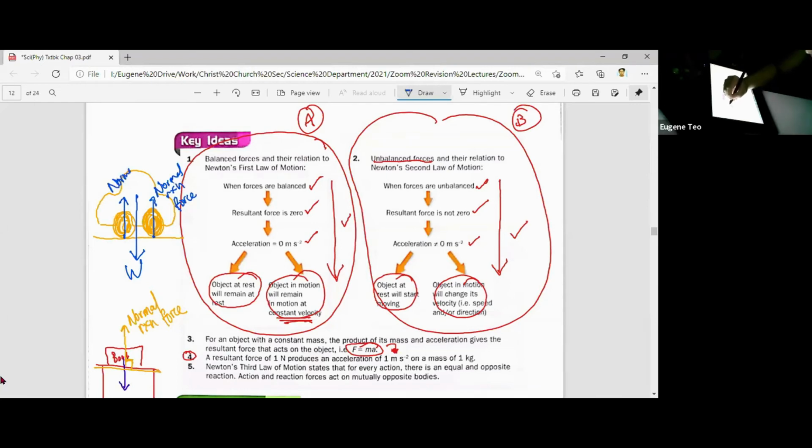These 2 upward forces are actually what we call the normal reaction force. This normal reaction force, do take note, is always perpendicular to the surface. Okay, that's the first thing. And it is a reaction force to an existing force. So in this case, the weight of the book, normal reaction force, is the reaction.